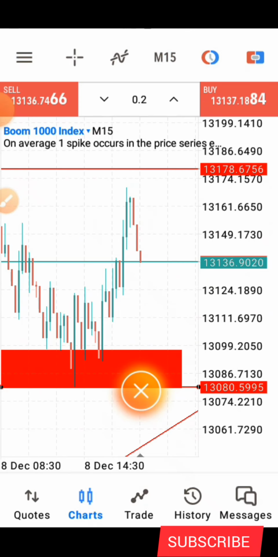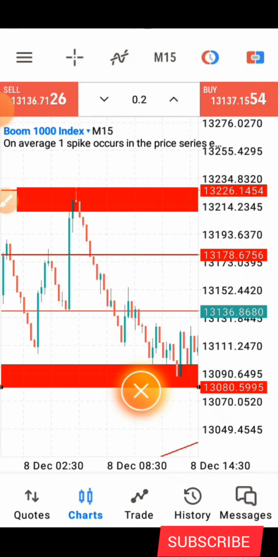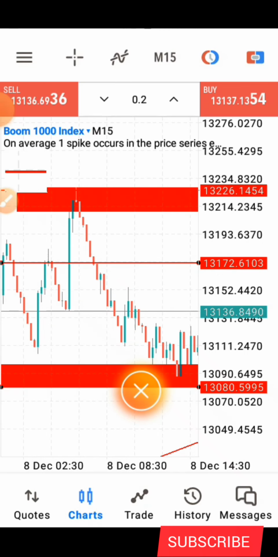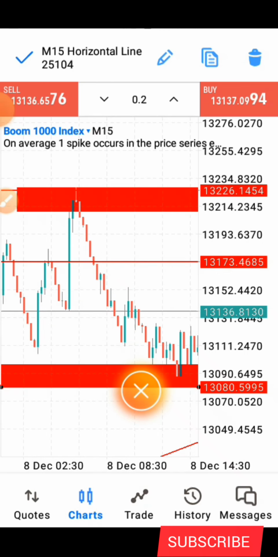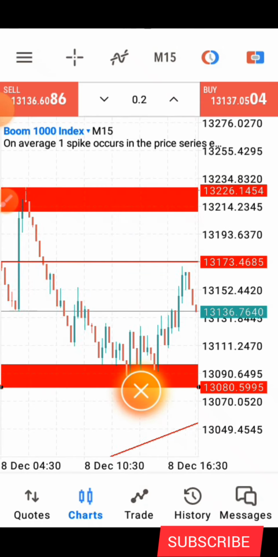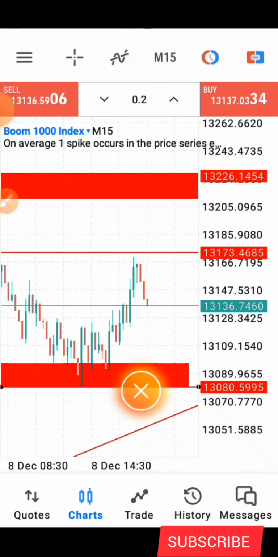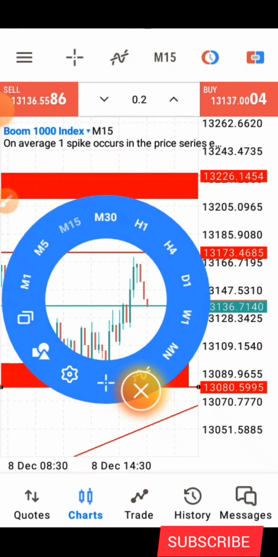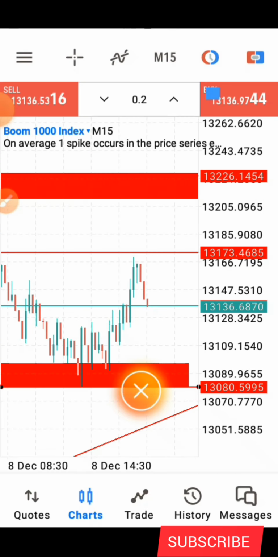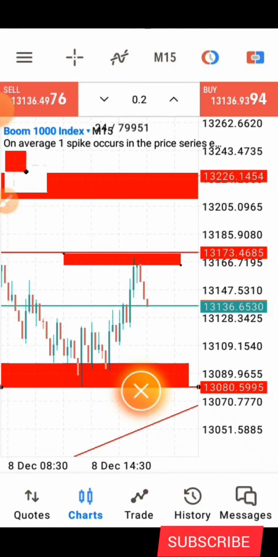There's a zone there, and I believe this is the zone that is reversing price now. There's a zone there that is bouncing price down now.